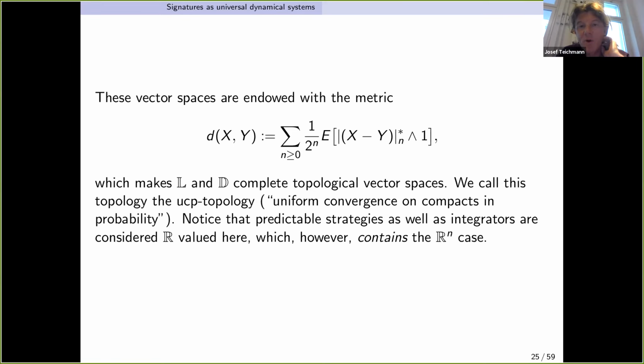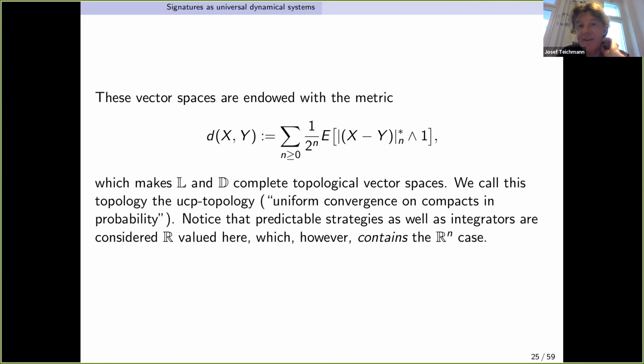Take the sum over 1 divided by 2 to the power n, expectation of the running maximum of the difference of two processes, x and y, capped at 1. So I'm actually only interested that the small values below 1 get close when I have convergence of a sequence xn, let's say, to x.